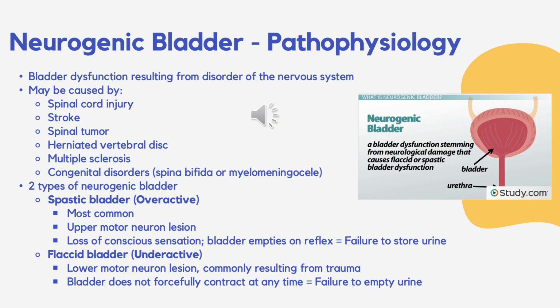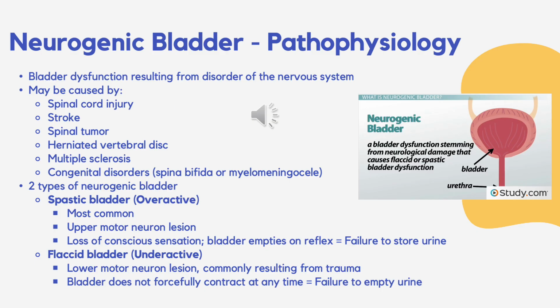So we're going to start with the spastic bladder, which again, also referred to as reflex or overactive bladder. So this condition is the most common form, and it's associated with upper motor neuron lesions, which are seen in patients with strokes or high-level spinal cord injuries, such as those in the cervical or mid-thoracic regions. So the problem lies in the failure of communication between the lower spinal cord and the brain.